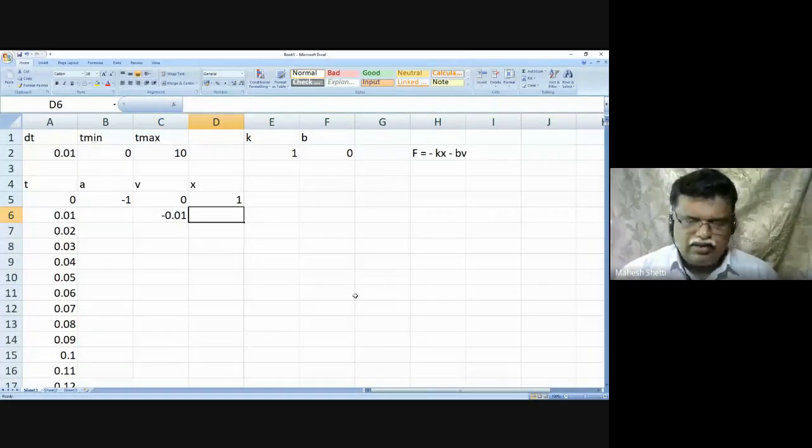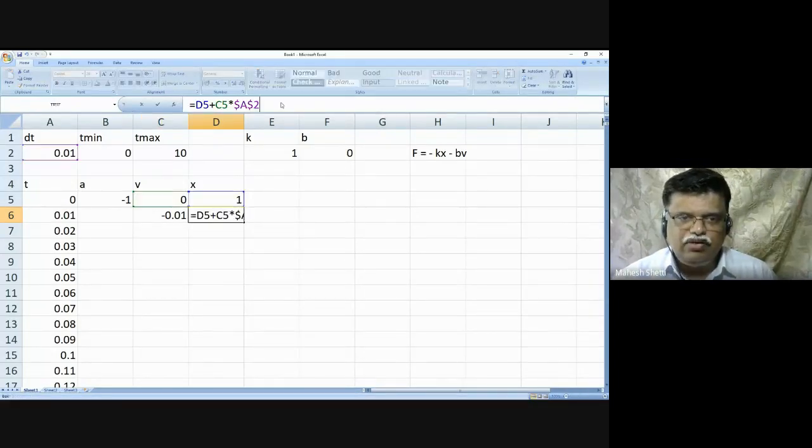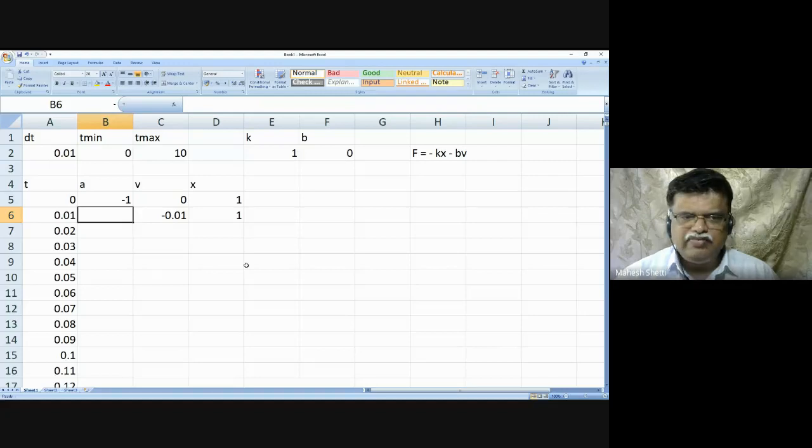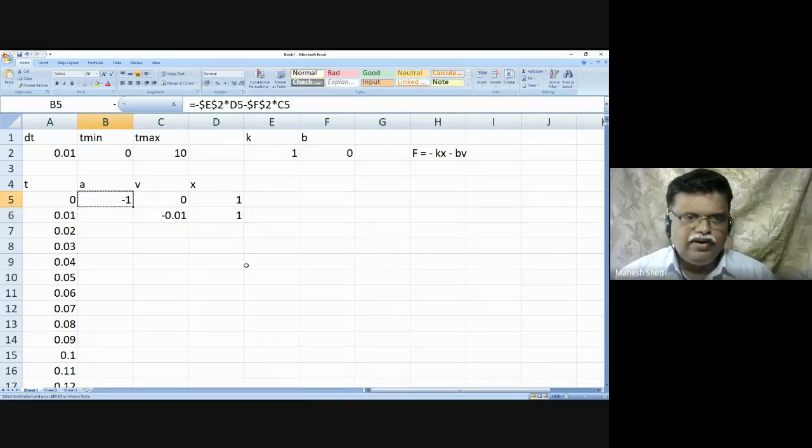Now I can copy the same formula because all relations are the same. In this formula, D6 is equal to D5, the earlier displacement, plus the earlier velocity multiplied by delta t. So this is the new displacement. Based on this displacement and this velocity, we'll calculate the acceleration term, and I can copy that from this formula.